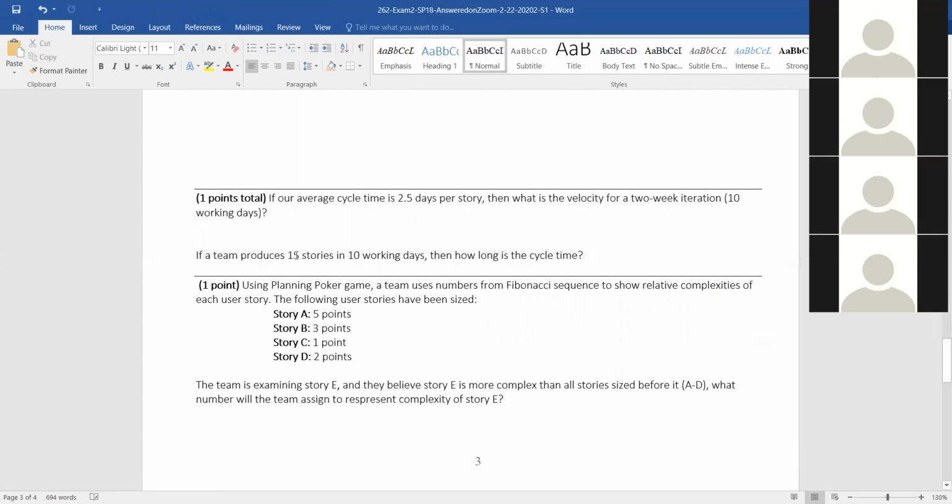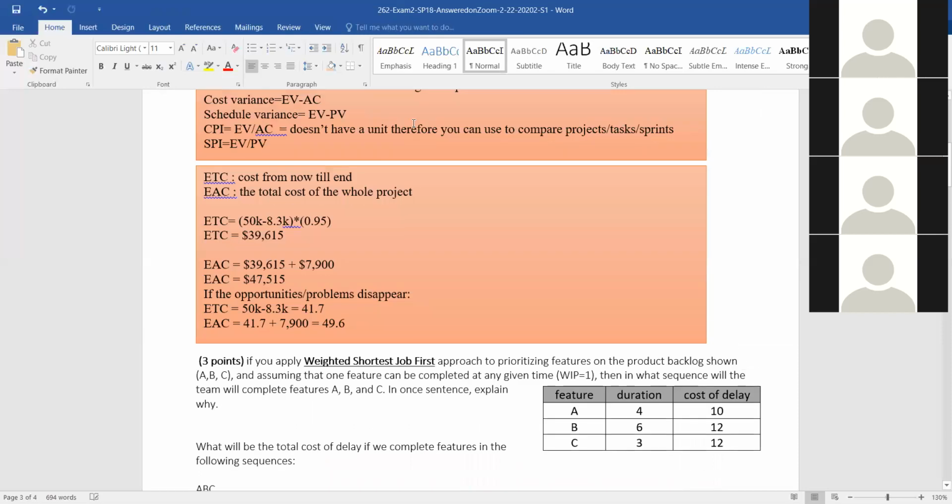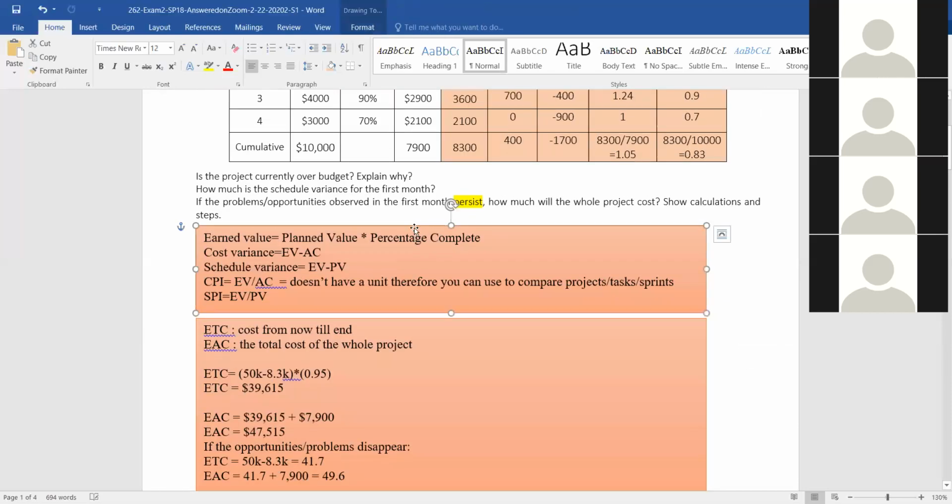So let me change the numbers because we did the other one last time. So this is 6. Let's say this is 1.25.